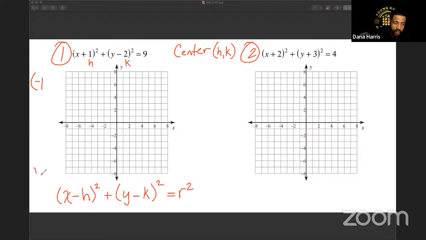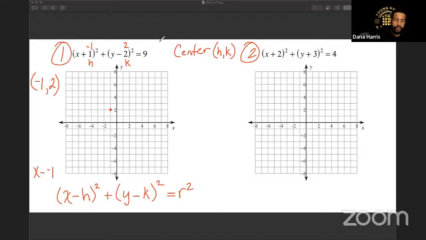Notice if I have x minus -1, then remember subtracting a negative is just like adding. So that would be -1 for my h. And then for k, it's in subtraction form, so k is just 2. So I would graph the center of this circle at the ordered pair -1, 2. And so it's going to be right there.